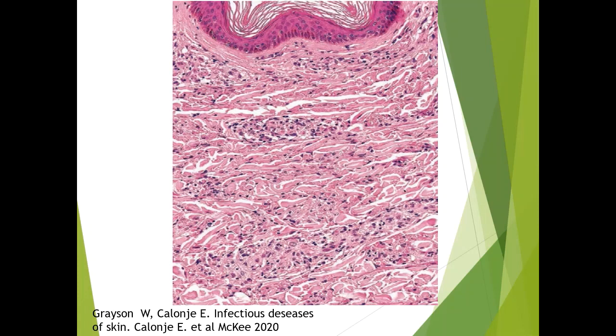So in this picture, you can see there is a clear gray zone just beneath the epidermis, and you can also see that the dermis shows collections of foamy macrophages, which are globi.